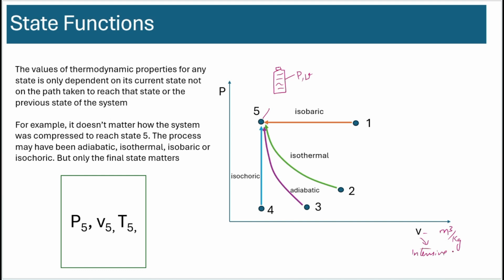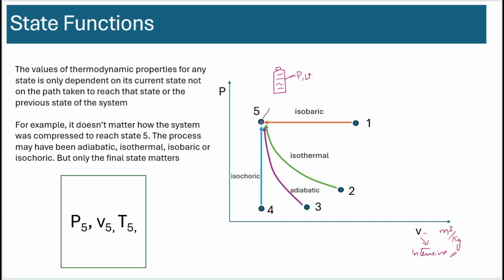Volume would have been an extensive property. So if you have two independent intensive properties, you know the state of the system anywhere within that phase diagram or the property diagram.